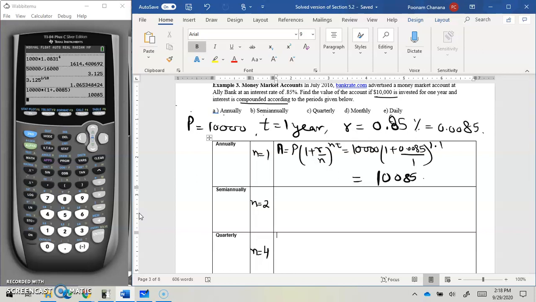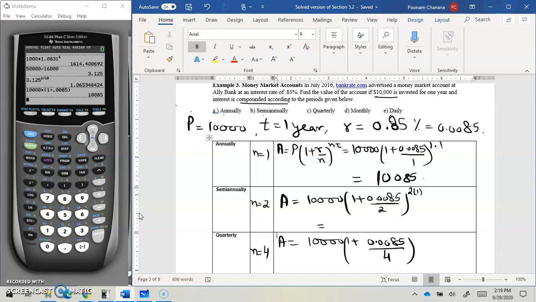Now for semi-annually, all that changes is 10,000 times (1 plus 0.0085, but divided by 2, because in semi-annually n is 2) raised to the power 2 times 1, and you can calculate that value. Similarly, we have the amount for quarterly compounding. Everything else stays the same, but n is now 4, and the power is 4 times 1.